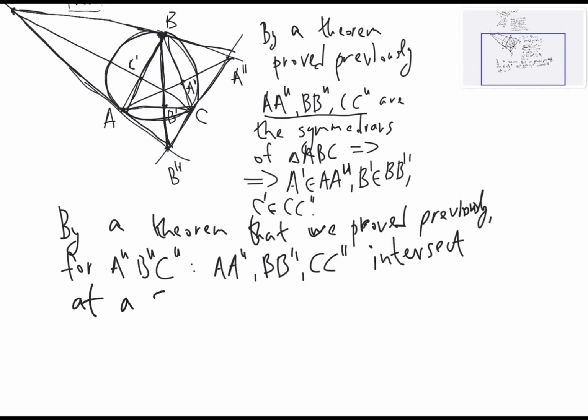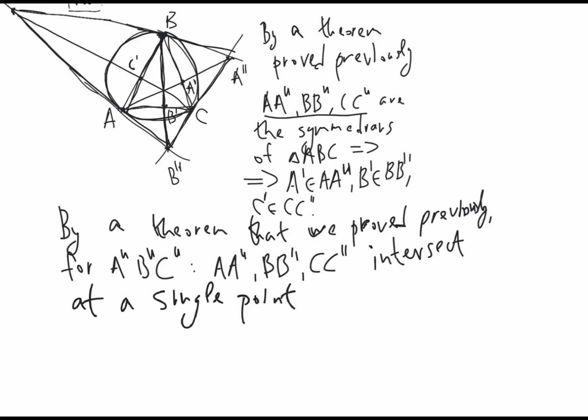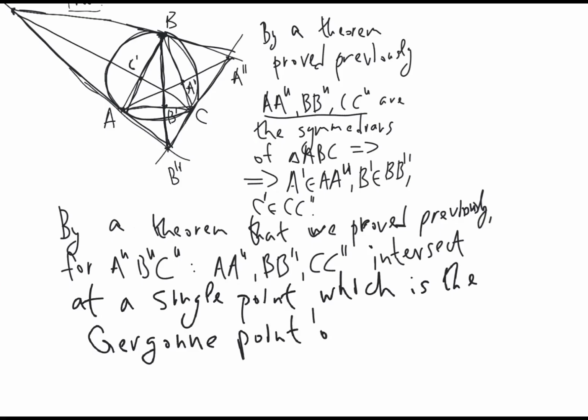So they intersect at a single point, and this point is called the Gergonne point of this large triangle, the Gergonne point of the triangle A2 prime, B2 prime, and C2 prime.